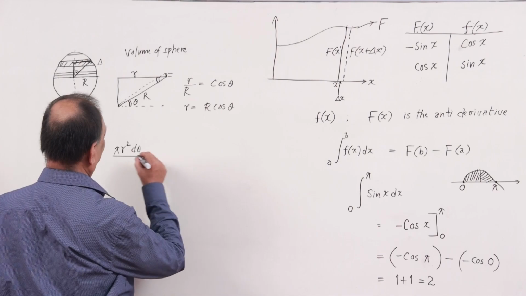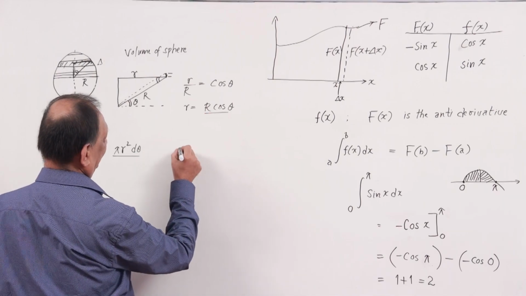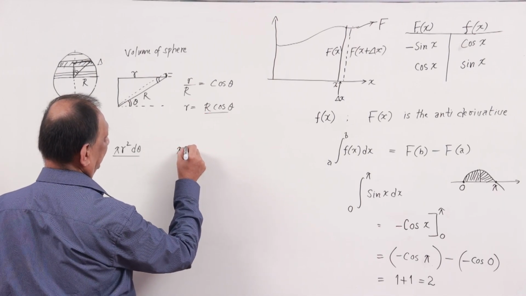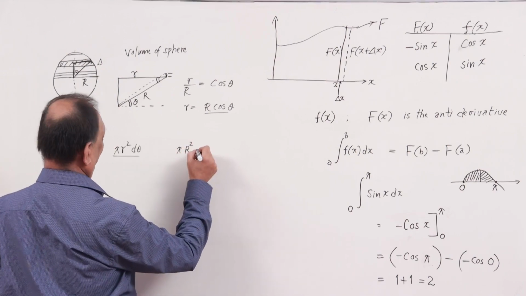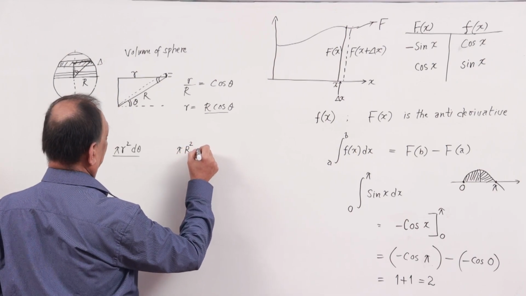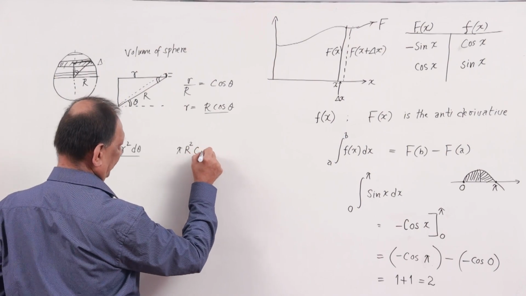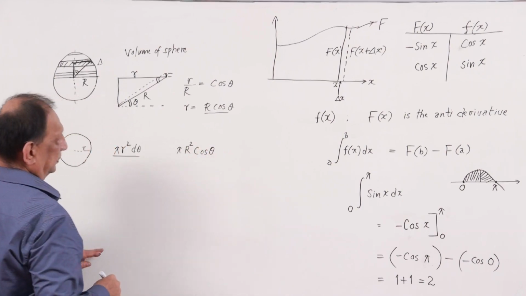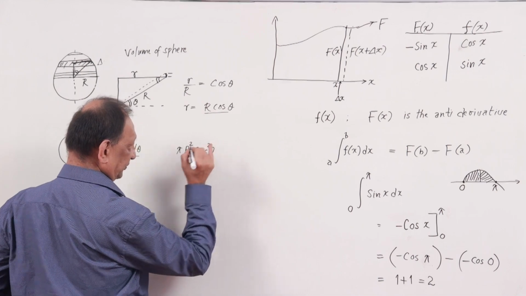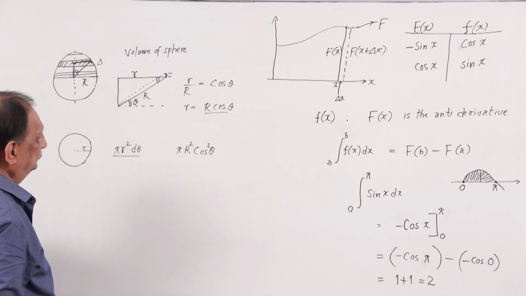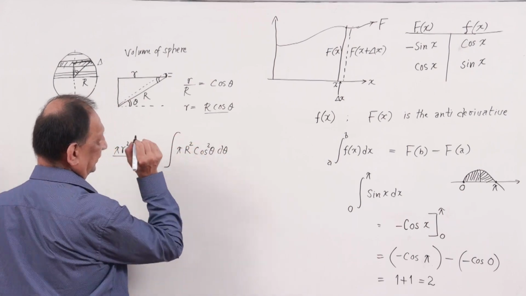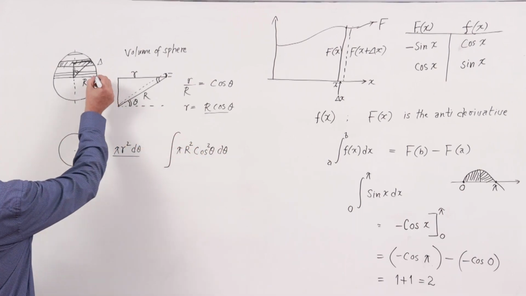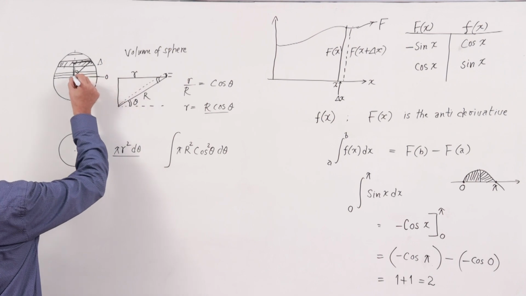Pi r squared d theta is the volume of this disc. So what we need to do, where r is capital R cos theta, I think we have to do pi capital R squared cos squared theta d theta, integrate it from theta starting from 0.